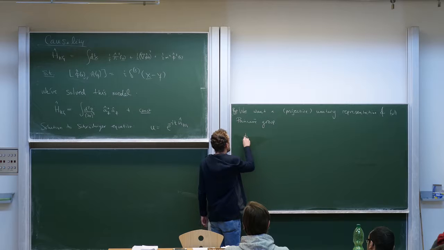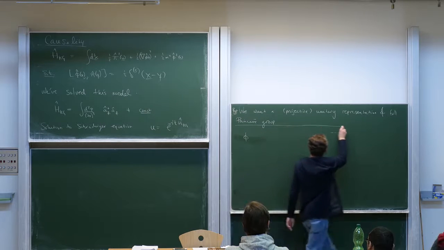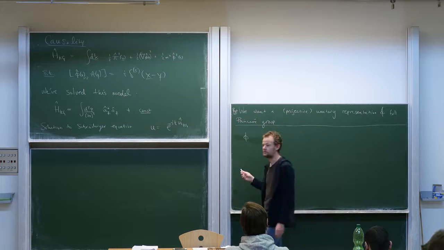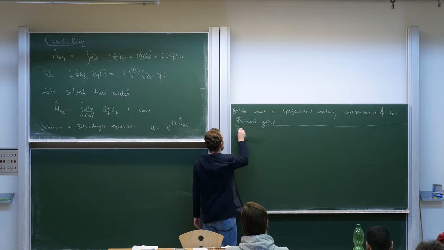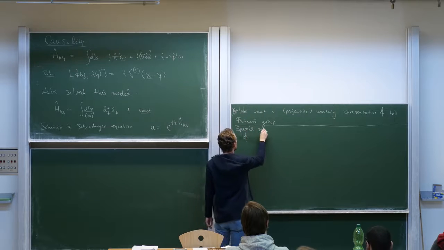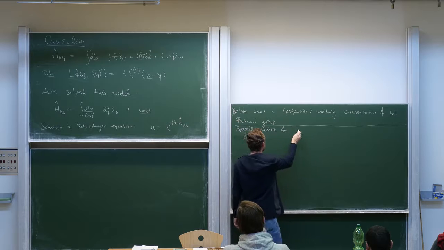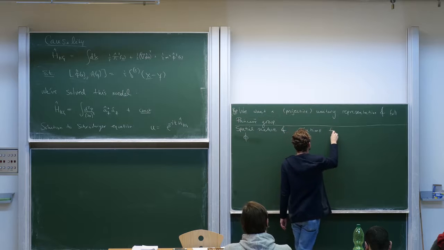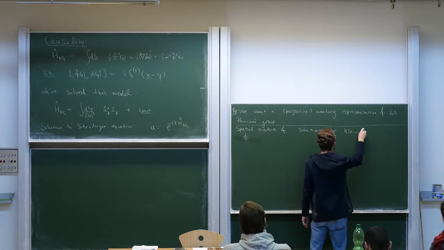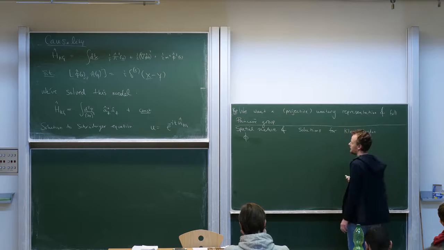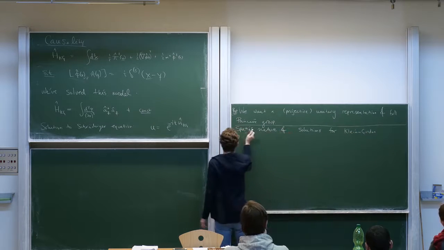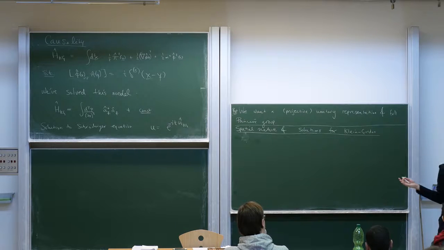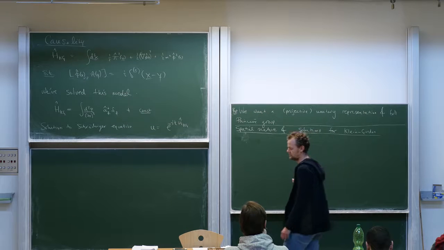We've, in the previous lecture, studied the spatial nature of the solutions for Klein-Gordon quantum field theory. And we've done that by working in the Heisenberg picture, because in the Heisenberg picture, the spatial dependence is much easier to control.